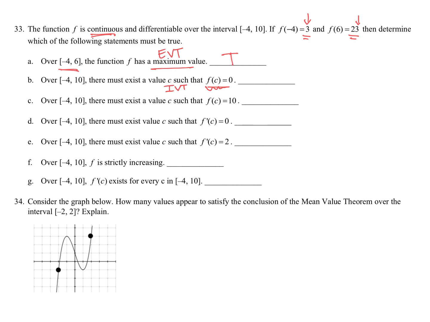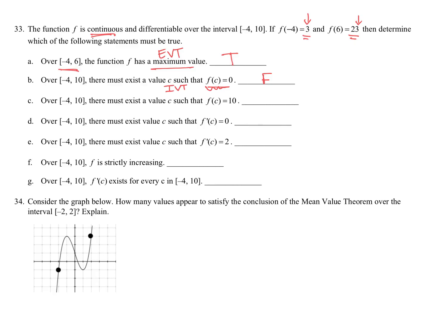Are we guaranteed to pass through 0? We're not. If either one of these was a negative number, then I would have to pass through 0 to change from a negative to a positive, but that didn't happen. So it deals with IVT, and IVT does not guarantee that we'll have an f of c equal to 0.